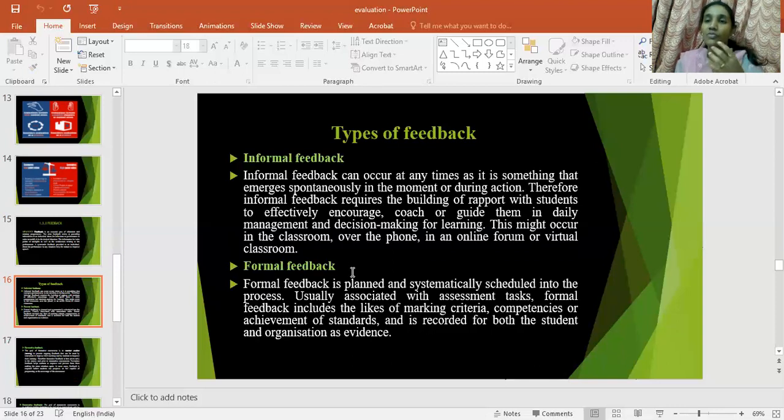That is what informal means, which is not planned, which happens all of a sudden. And formal feedback is which is planned. Formal feedback is planned and systematically scheduled into the process.